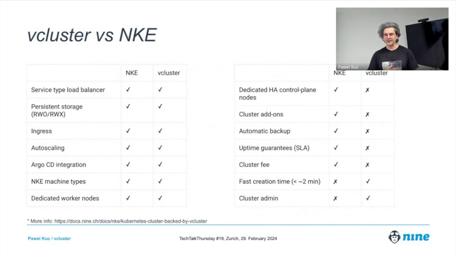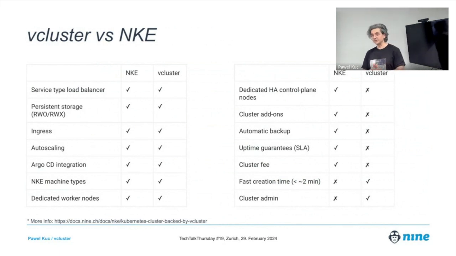You can have machine types for your vCluster, because under the hood you are still using the host cluster, so you have the potential of the host cluster itself, and dedicated worker nodes. But what are the differences? There are no HA control plane, dedicated HA control plane nodes.